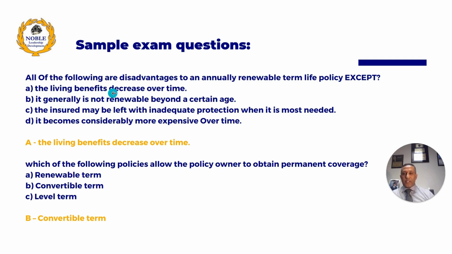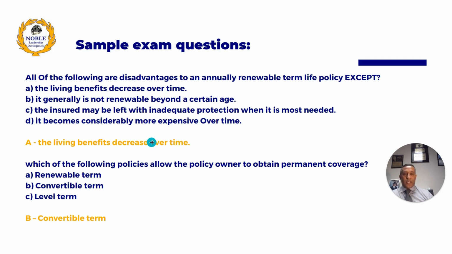A, the living benefits decrease over time. B, it is generally not renewable beyond a certain age. C, the insured may be left with inadequate protection when it is most needed. D, it becomes considerably more expensive over time. So the answer is A, the living benefits decrease over time.